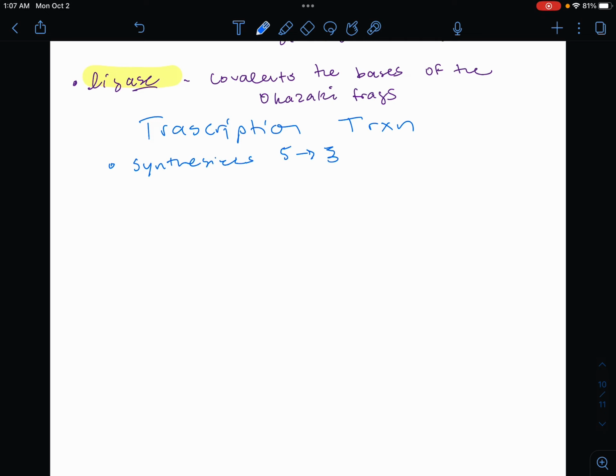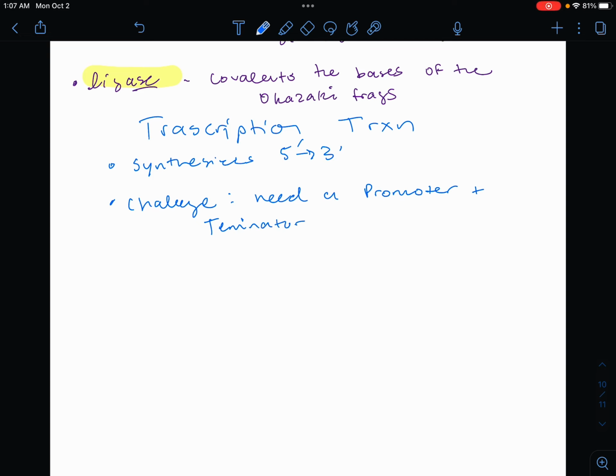Most of these processes will be 5' to 3' processes. The challenge would be to know where you're going to start on the DNA to transcribe it into RNA. So you need a promoter region, as well as a terminator.